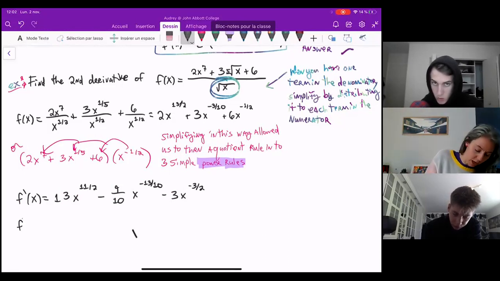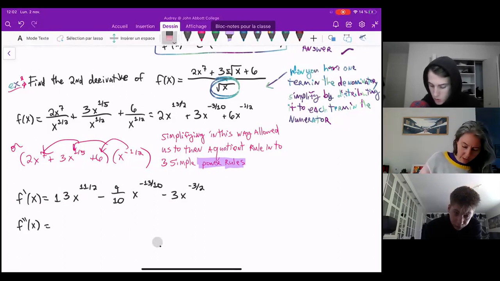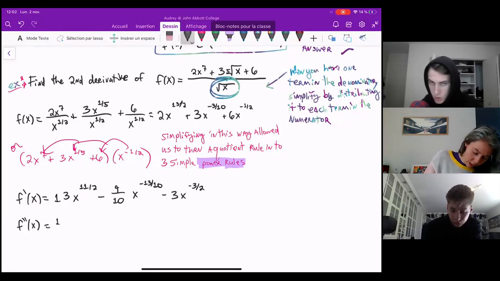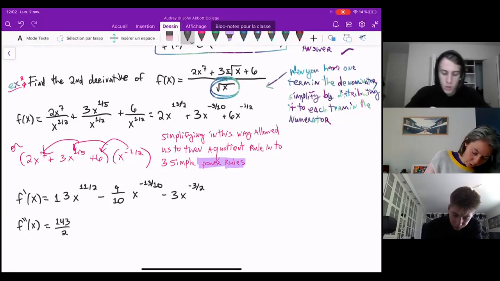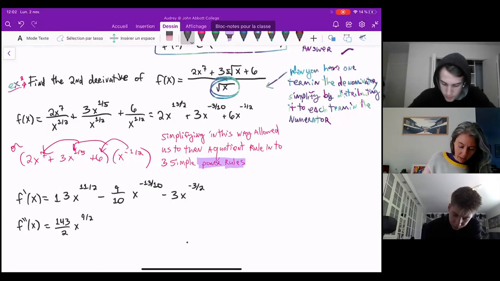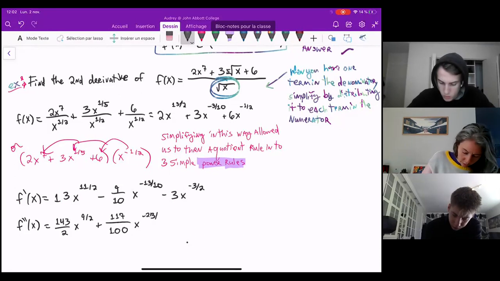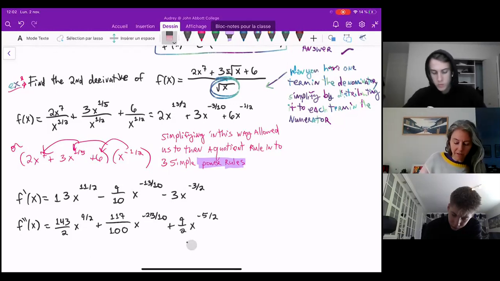So f double prime of x is 13 times 11, that's 143 over 2, x to the 9/2, plus 90 plus 27, that's 117, over 100, x to the negative 23 over 10, and then plus 9 over 2, x to the negative 5 over 2. And that's my final answer.